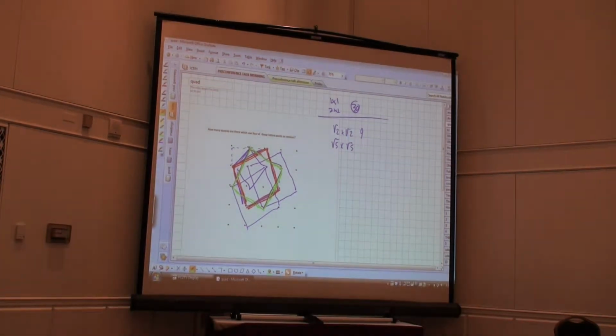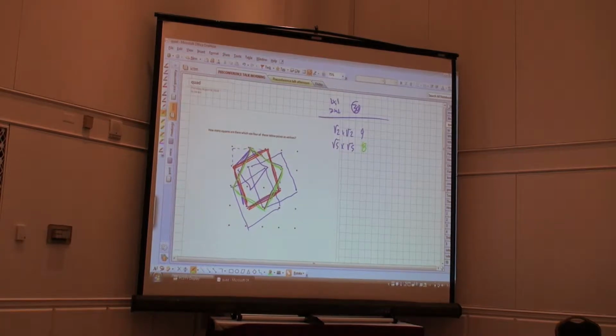Are we at 8? Then I use square root of 10.